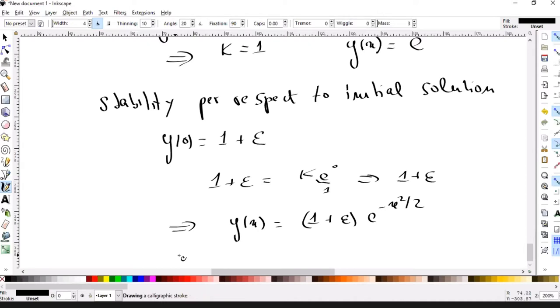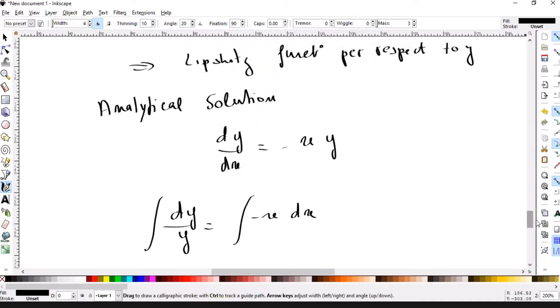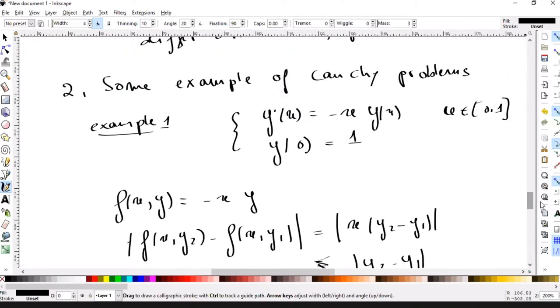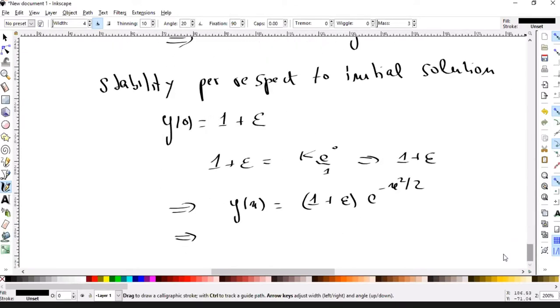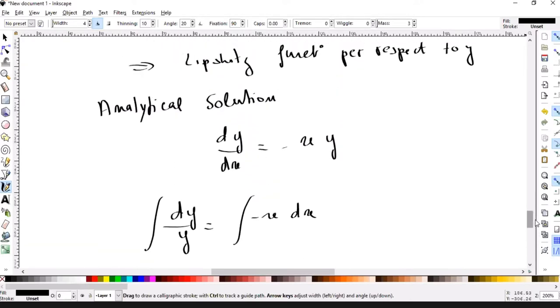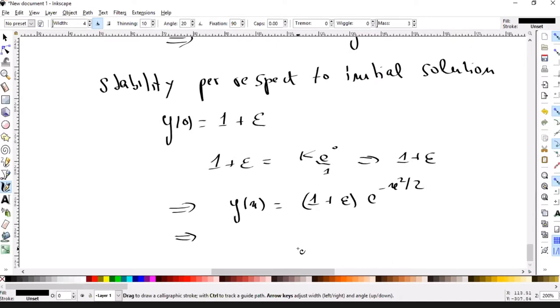So this type of problem, you will not have a problem even with the most basic numerical method. You will not have any problem solving this type of problem, right? Of course, like I said, the stability with respect to initial solution, you cannot verify unless you have the analytical solution. This is just to give you an example that some problems can be stable, some problems cannot be stable.